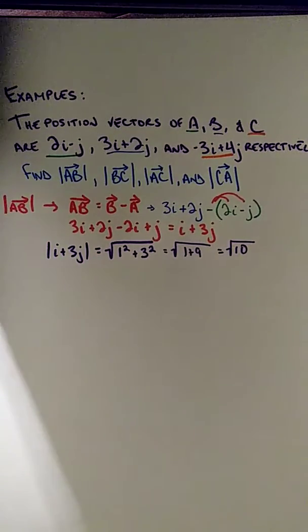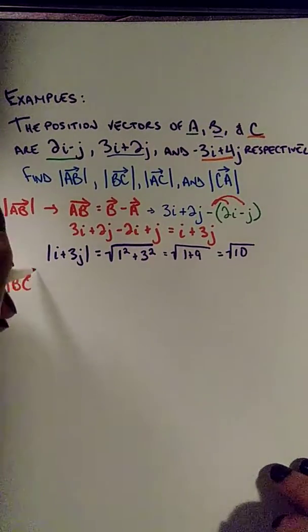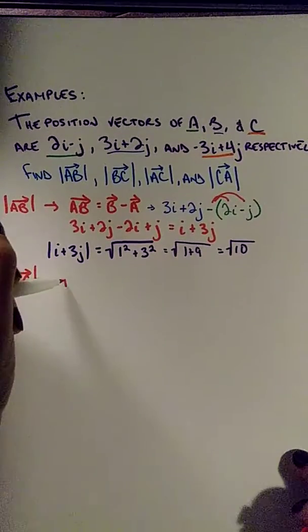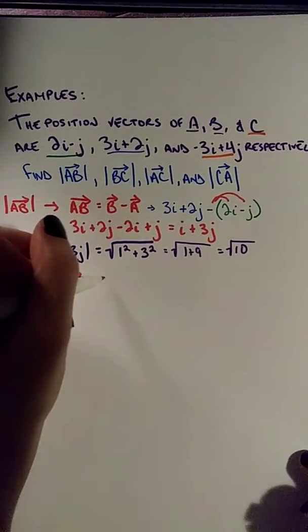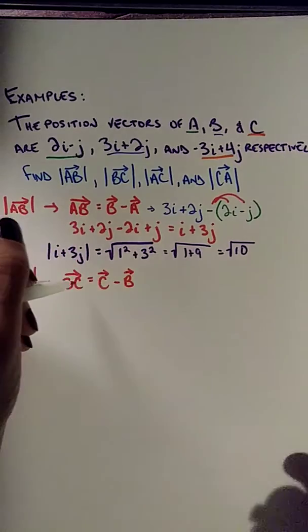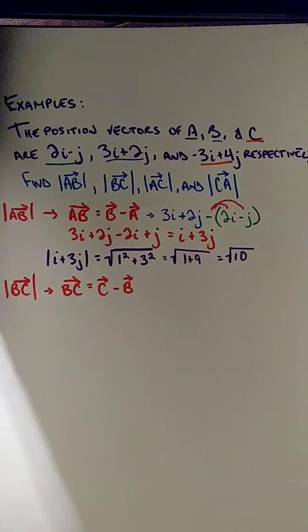So we found the magnitude of vector AB. Let's work on the next one. Let's work on the magnitude of vector BC. So if we want to find the magnitude of vector BC, the first thing we need to do is find what BC is. So to find BC, we have to do vector C minus vector B. Remember, we always start with where we end up and subtract where we began to find the distance between them.